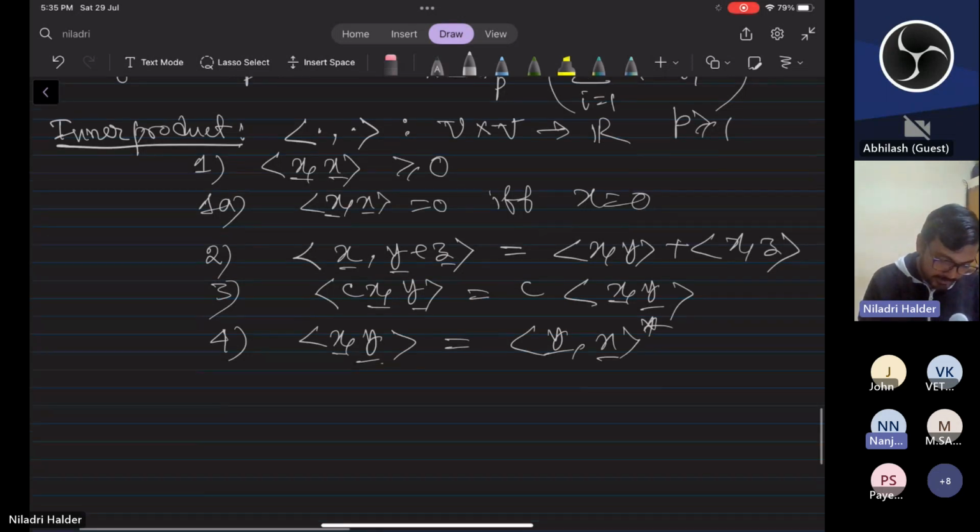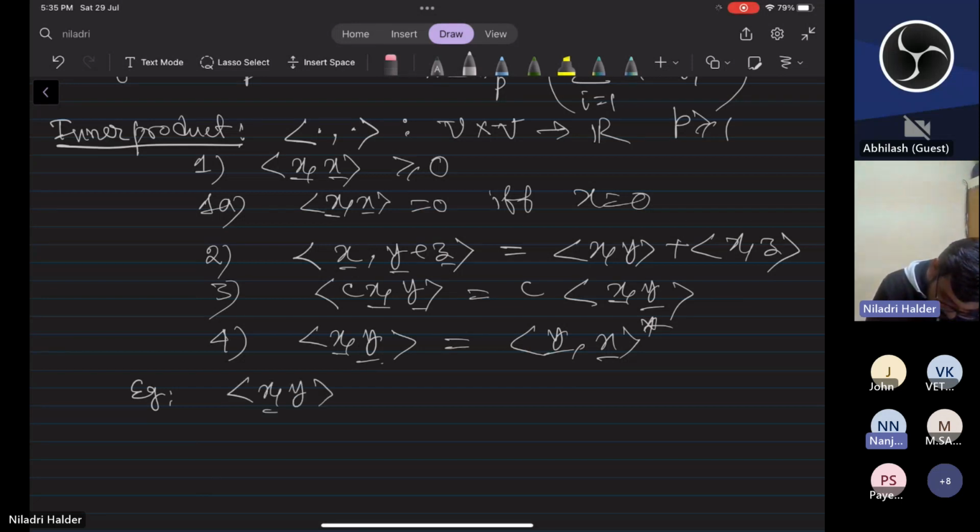If these four conditions are satisfied, then we can say this function is an inner product. We can write an example like the inner product of x and y equals y transpose x. So this is an inner product.